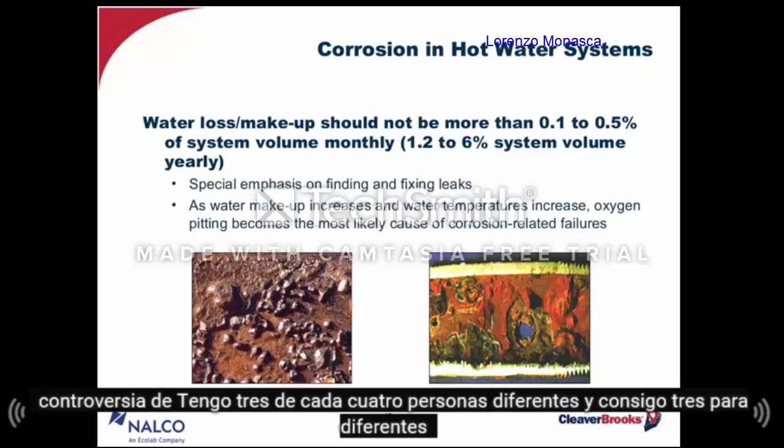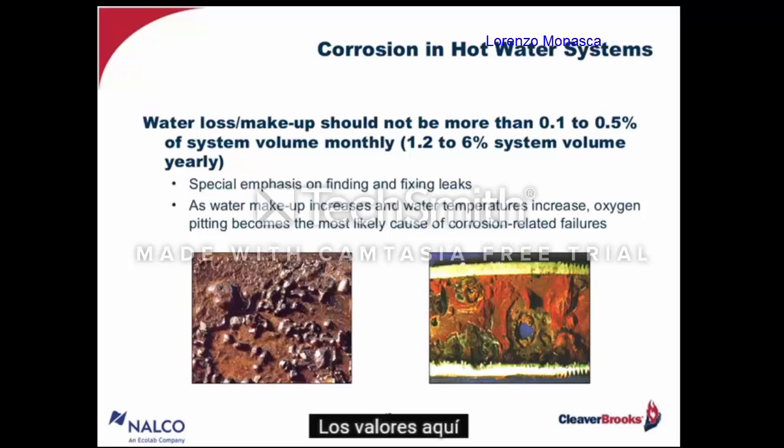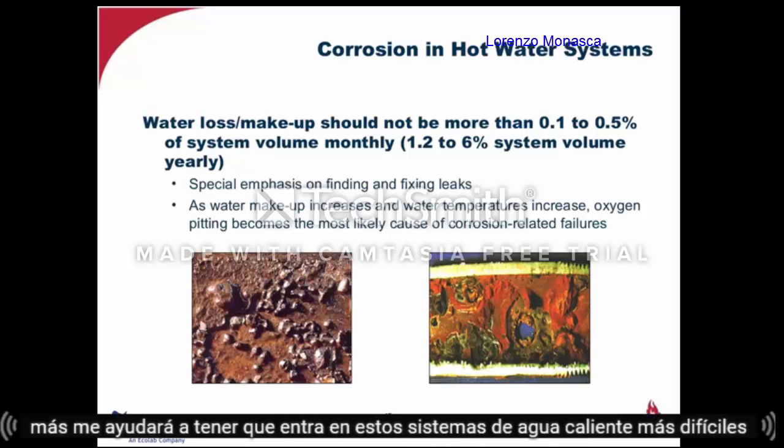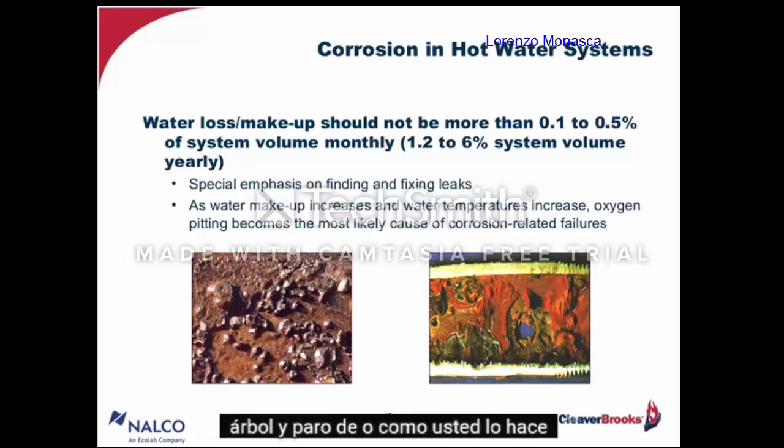I ask 3-4 different people, and I get 3-4 different values here. The bottom line is the more makeup you have coming into these hot water systems, the more difficult they're going to be to treat.